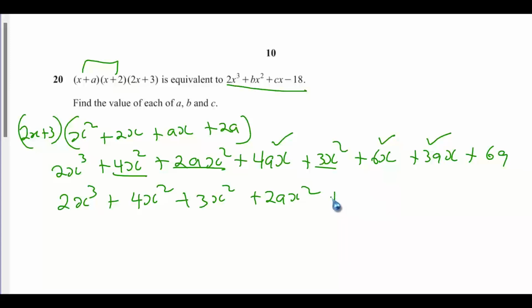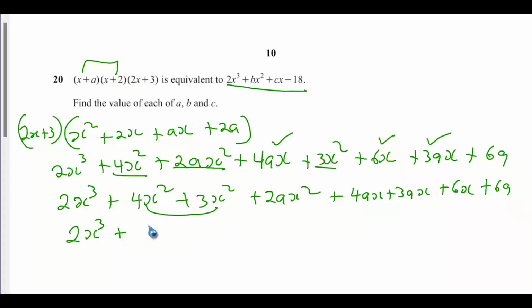So you have plus 4ax plus 3ax plus 6x and finally plus 6a. So you can have 2x cubed here, then plus, we can put this in bracket, this and this add up to 7x squared.